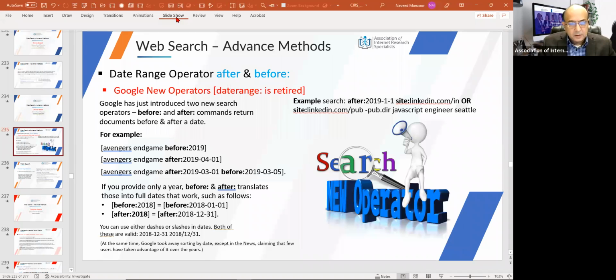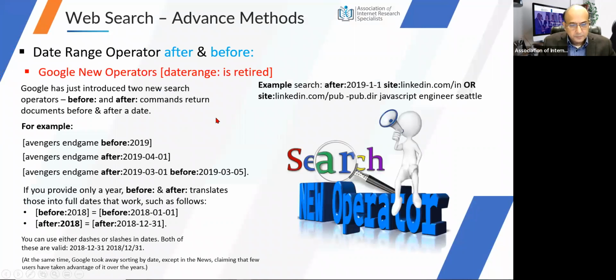Now let's get to this slide to give you an idea of how the dates have to be structured. Supposing, as in this example, I'm looking for Avengers Endgame that came out before 2019.